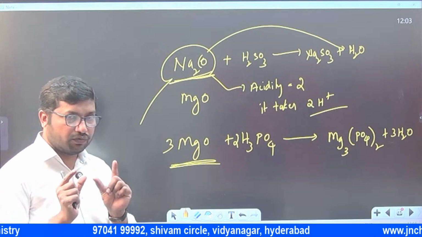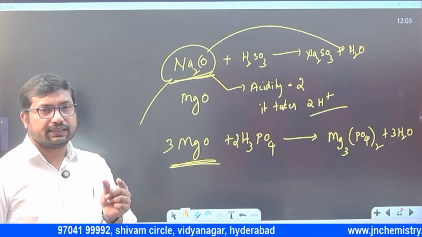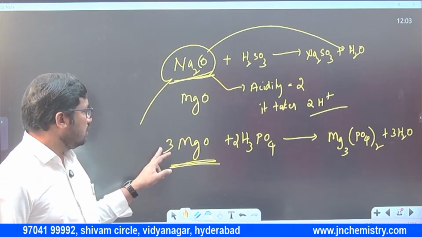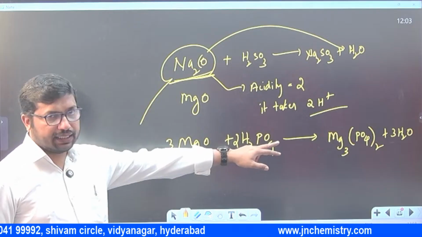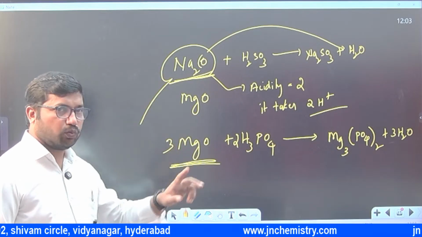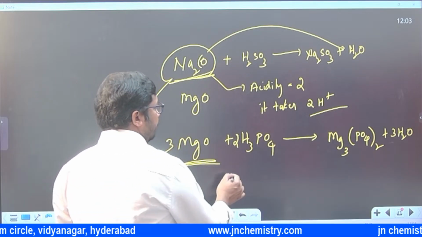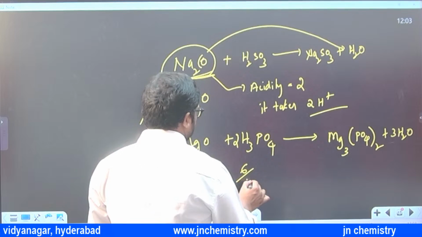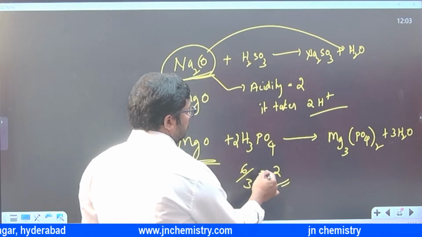The number of H plus ions taken by 1 mole. So 3 moles are taking 6, so 1 mole takes 6 by 3, which is 2.